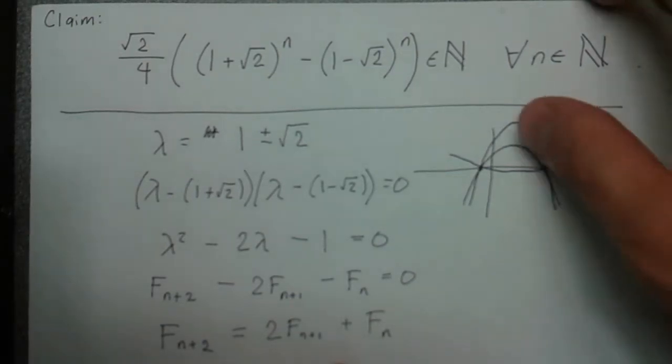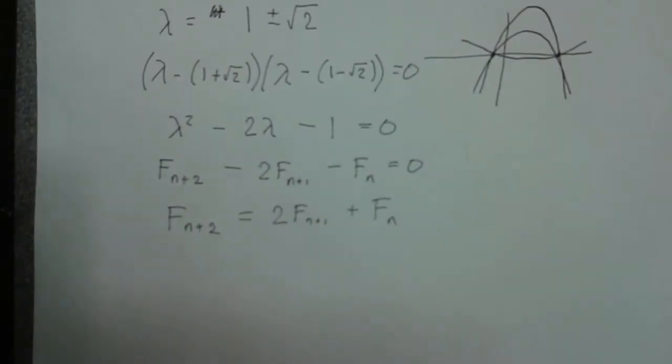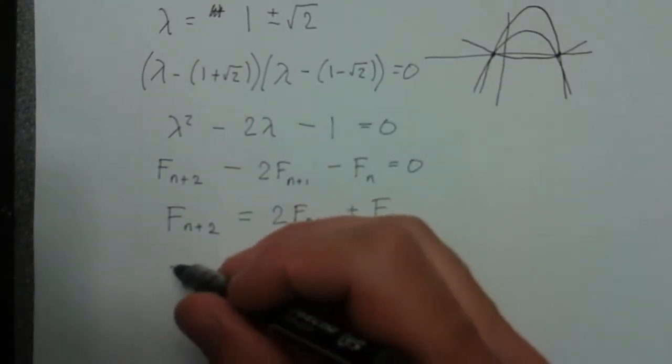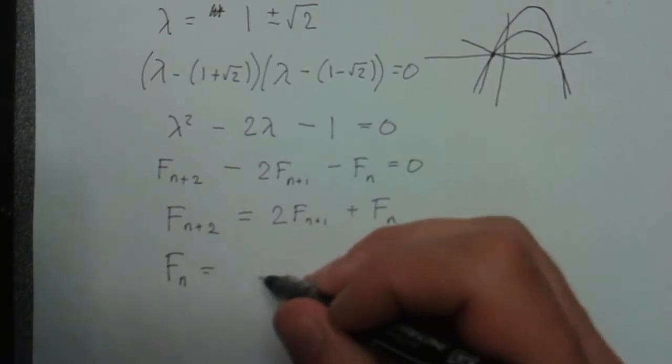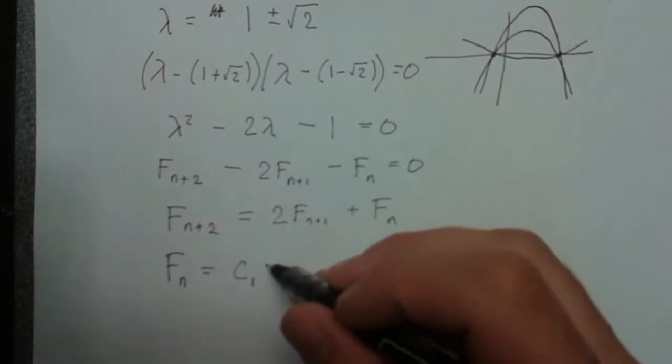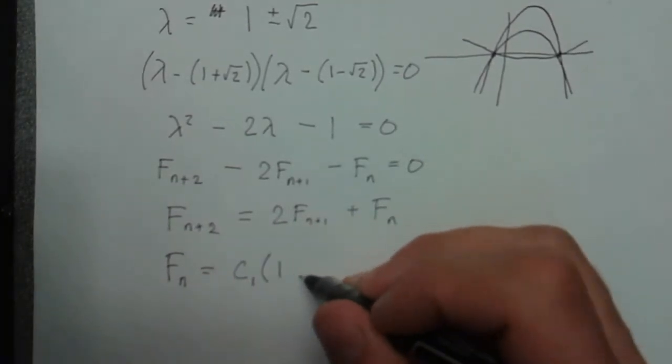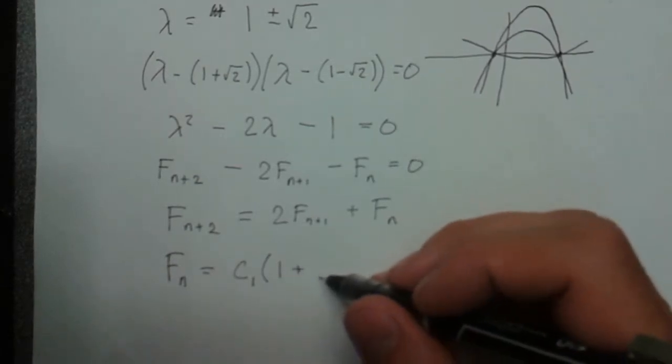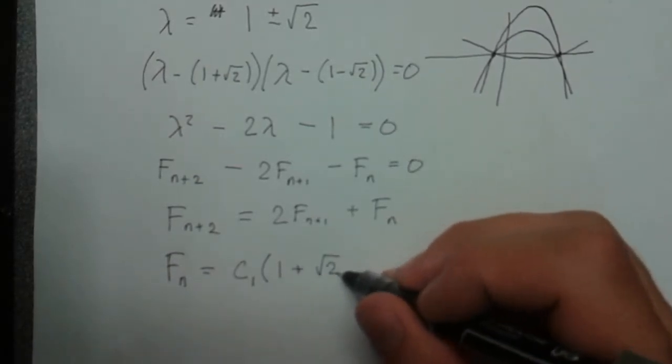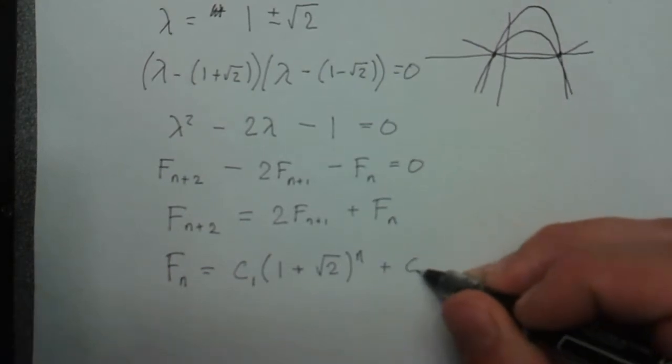So this equation here, we know that this has the solution f(n) equal to c1 times the first root, which is 1 plus root 2 to the n, and then the other one.